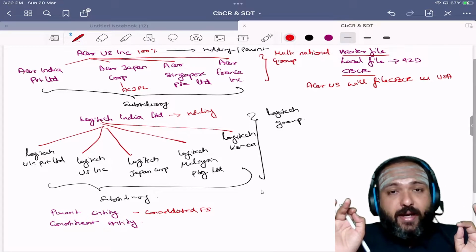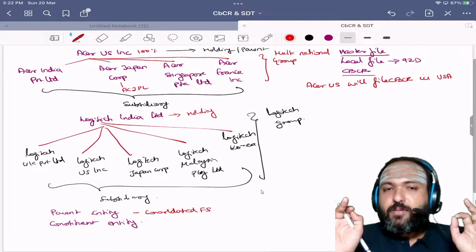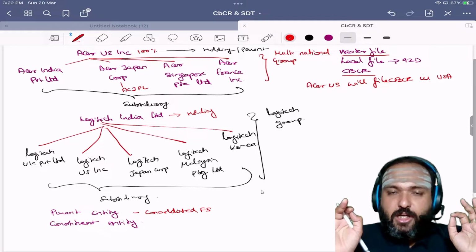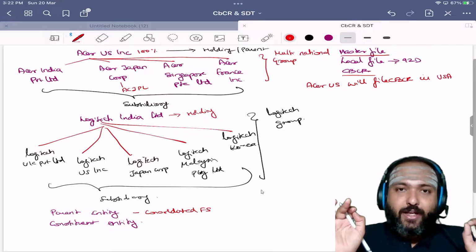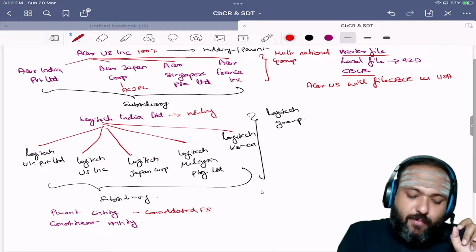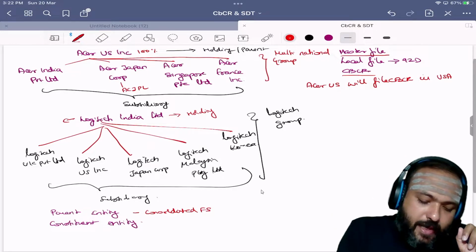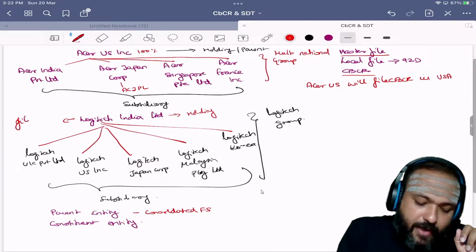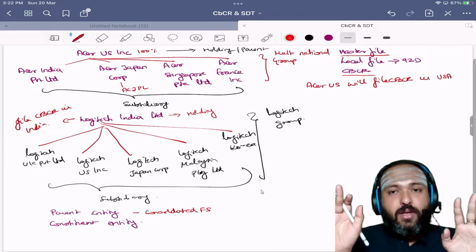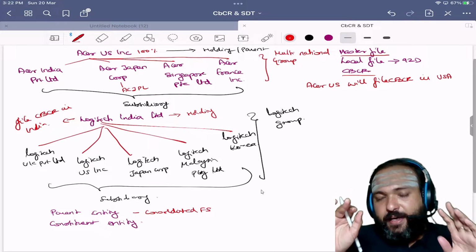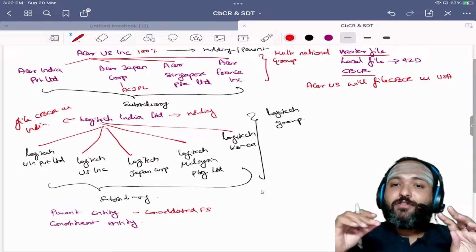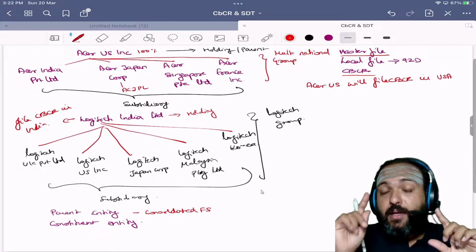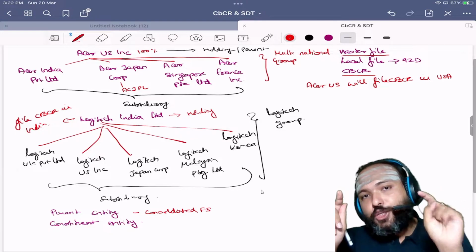And what is a parent entity? An entity which prepares the financial statements on a consolidated basis for the entire group. Now, in our other example, Logitech, CBCR will be filed in India, and in case of Acer, CBCR will be filed in US.